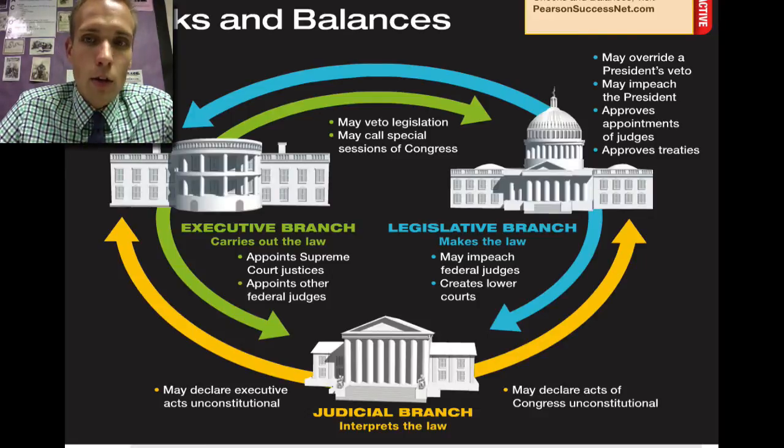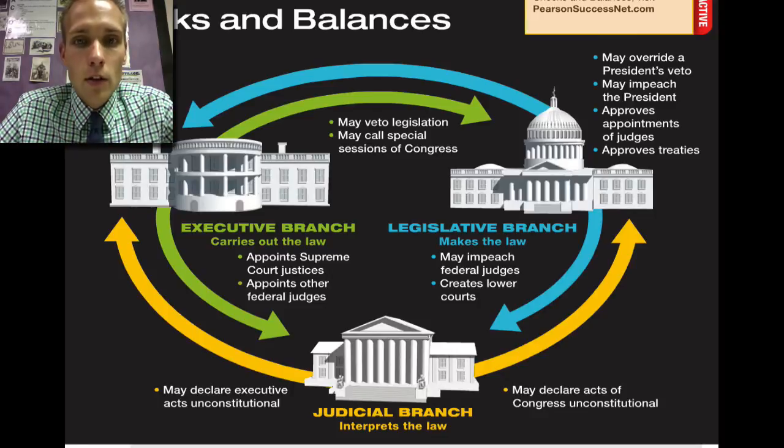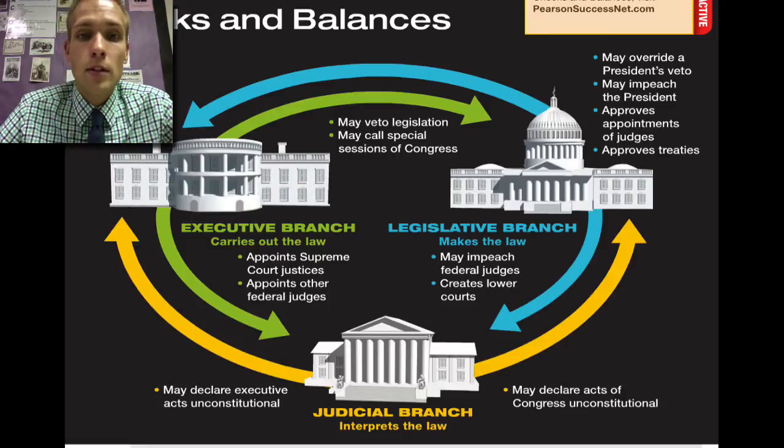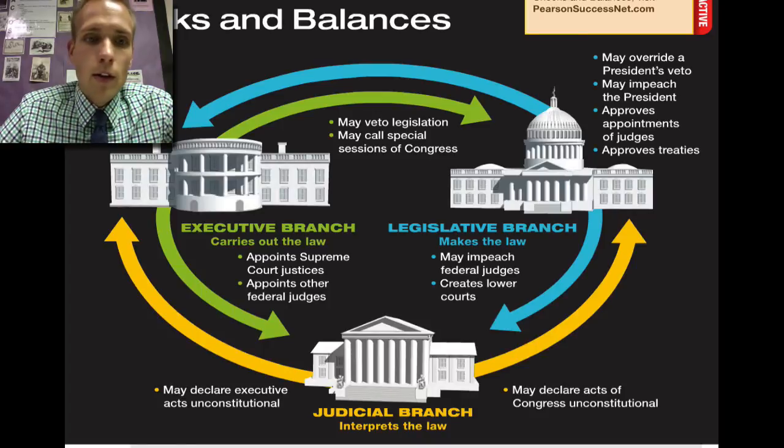Now, I already mentioned, though, that the legislative branch can overturn that by overriding the president's veto, and we'll look at that more specifically when we look at the actual parts of the Constitution. But the president can stop a piece of legislation from becoming law. And he can also make Congress come back for special sessions if they're not in session at the time. But that's not used that often.